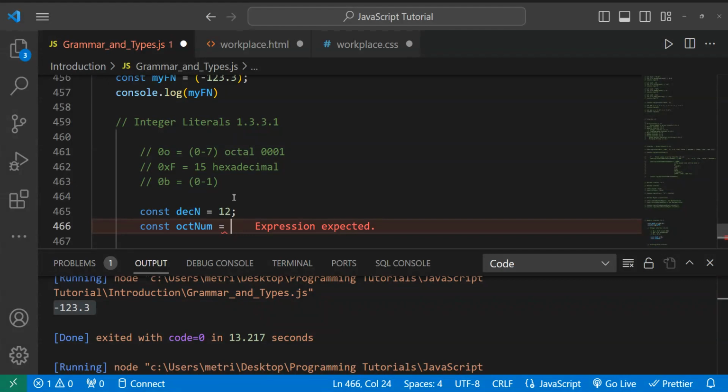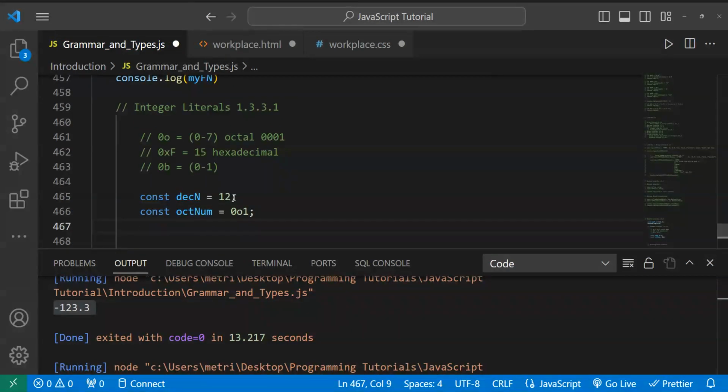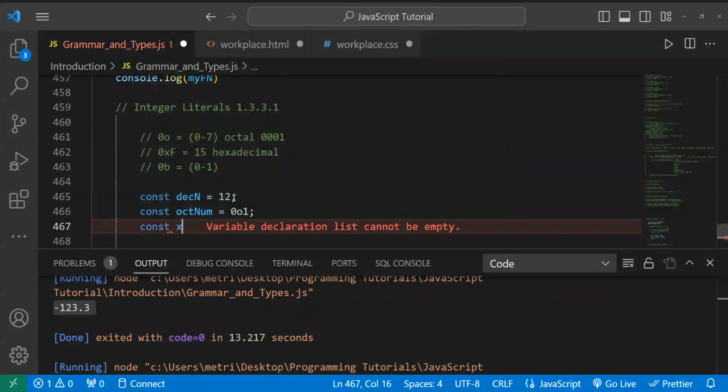So what can we say for this? Can we represent it this way? The error says octal digit expected. Let's say 1 in this case. Okay. The other one, let's say, is hexadecimal.